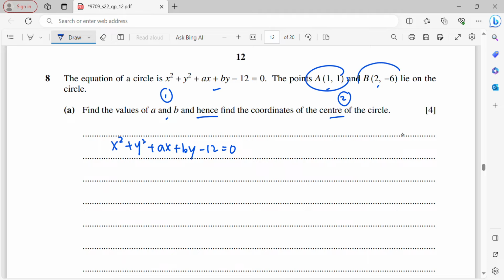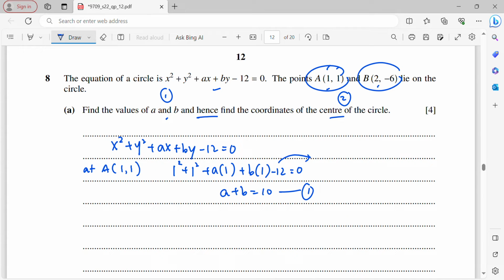Since both points lie on the circle, means that we can just substitute the coordinates into the equation of the circle. So at A, 1, 1 means x is 1, y is 1. So 1 squared plus 1 squared plus A times 1 plus B times 1 minus 12 equals to 0. Okay, so from here, I will get A plus B equals to 10.